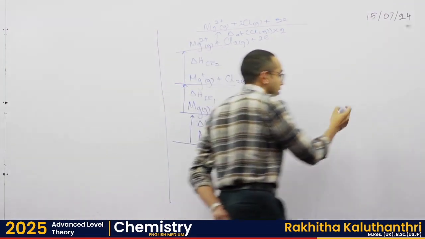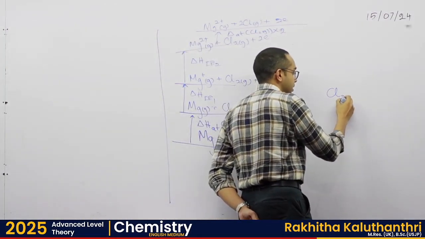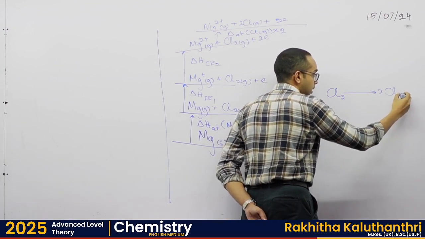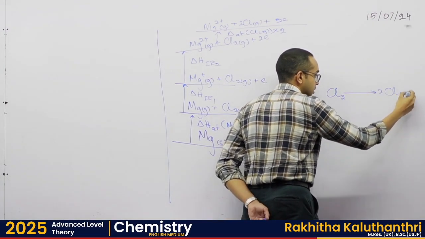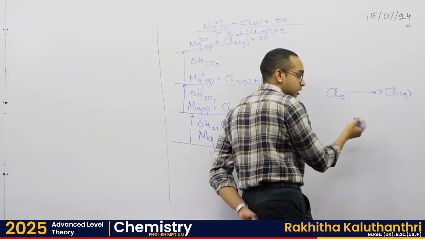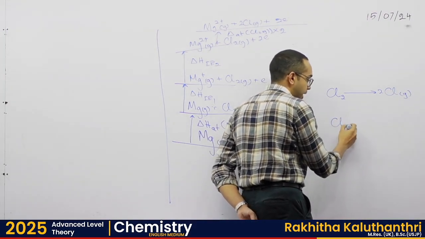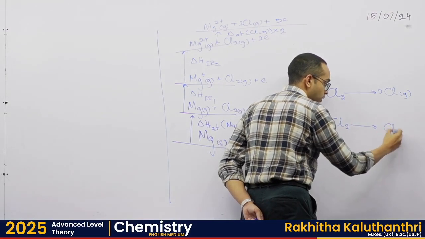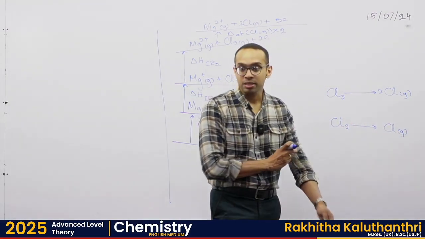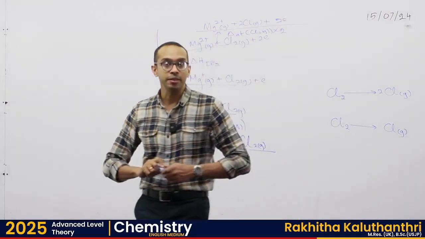Because bond enthalpy talks about the formation of 2 moles of gaseous chlorine atoms by breaking 1 mole of bonds. This is delta H D. And atomization of a gas means it's focusing on forming 1 mole of atoms. You have to remember the definitions. The definition is the key here.